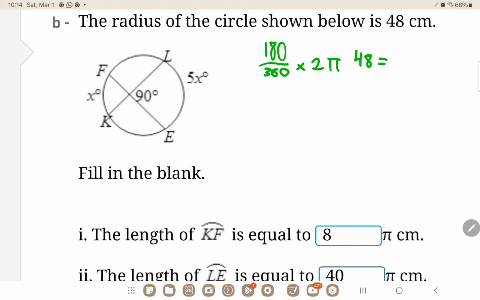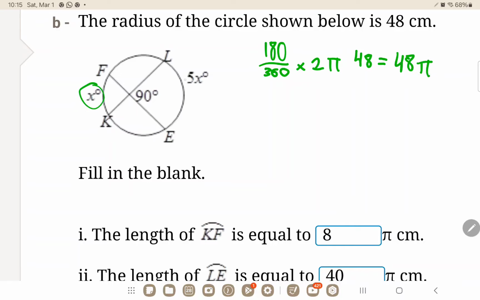So that's equal to, my bad, 180 over 360 times 2 times pi times 48 is 48 pi.